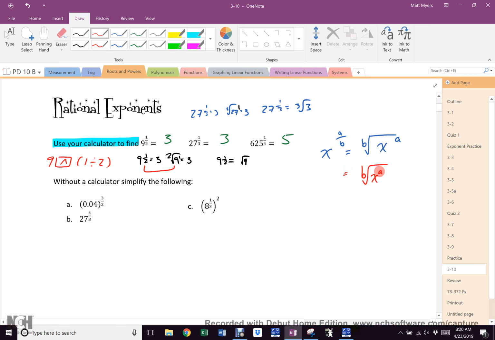Everybody understand? But it can also mean b root x all to the a power. Does everybody see what I am saying here? They are the same thing. Okay? And when we start doing some work with this, you're going to see why you need to understand both of them.